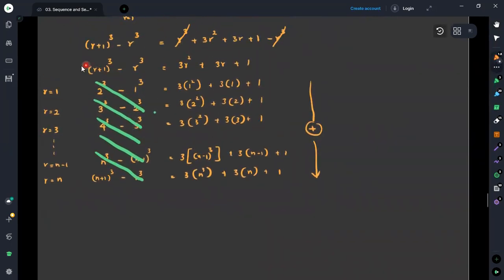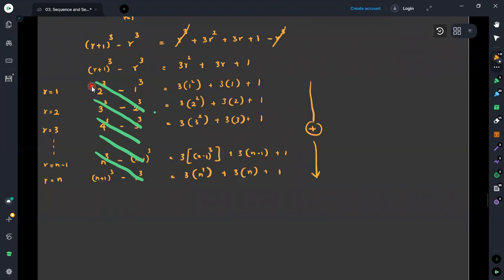We had r plus 1 cube, then minus r cube, and we did the substitution with the relevant r values. We obtained n number of equations, and then we added all those n equations together.